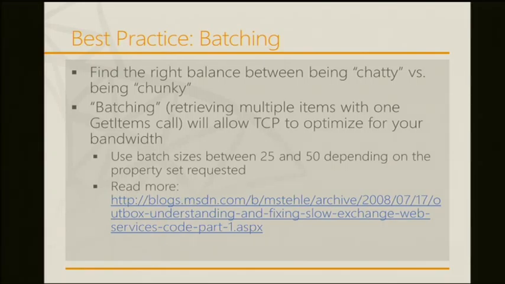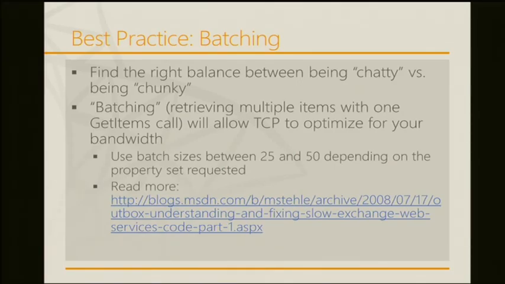So making a lot of small calls versus a few really heavyweight calls. There's a lot of things to take into consideration, especially in a situation where you're accessing Exchange Online. You're thinking about the latency between your client or your service and the Exchange server. So if you're in a low latency environment or in an environment where your connection may drop, you may optimize this a little bit.